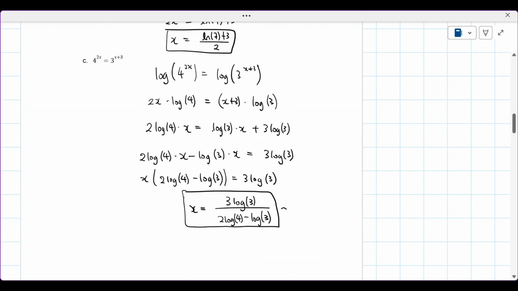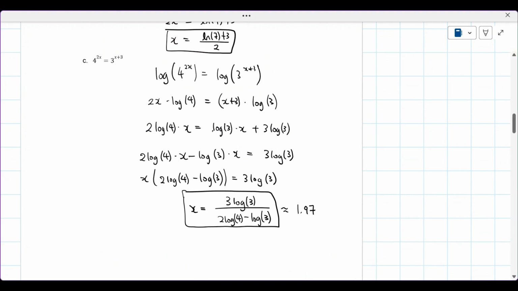So approximately, this is 3 log 3 divided by 2 log 4, close bracket, minus log 3. And that's equal to, let's save it as a. So it is approximately equal to 1.97.